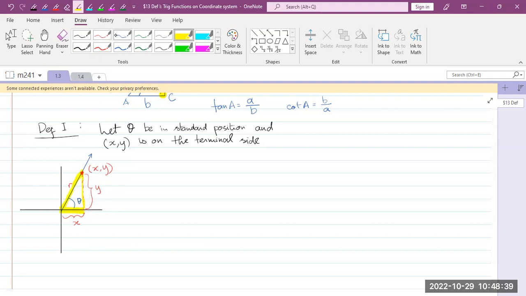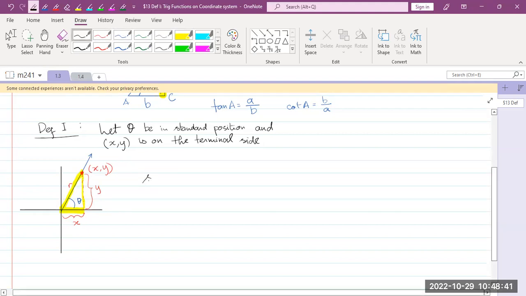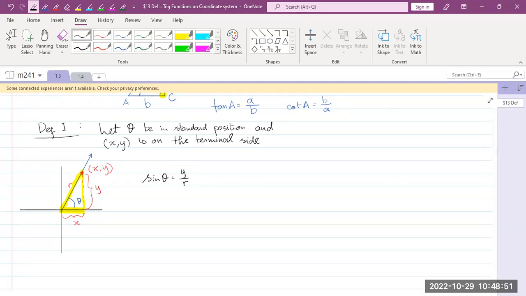Sine theta is defined to be y over r. If you see this yellow right triangle here, it actually coincides with the definition of trig functions on a right triangle, where sine theta is opposite over hypotenuse.